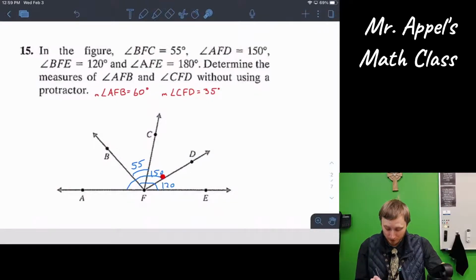This one is 150, and this is 120, and then of course the whole thing, AFE, is 180. So you're going to subtract to find AFB. So you want this arc in here. Well, that's 180 minus the 120, right? And then once you have that, you can subtract the 60 and the 55 from the 150 to get CFD of 35.